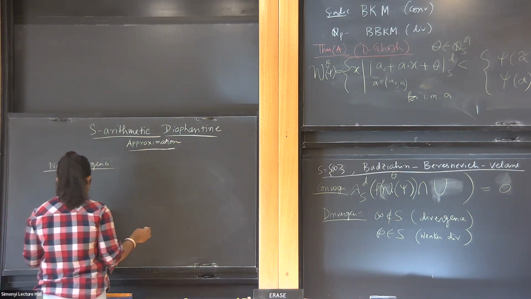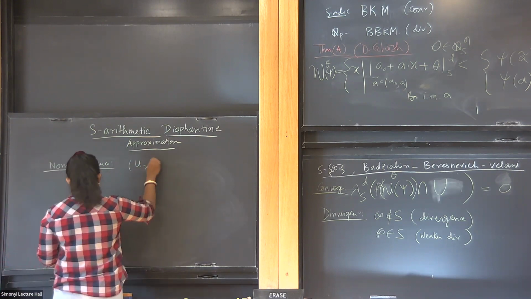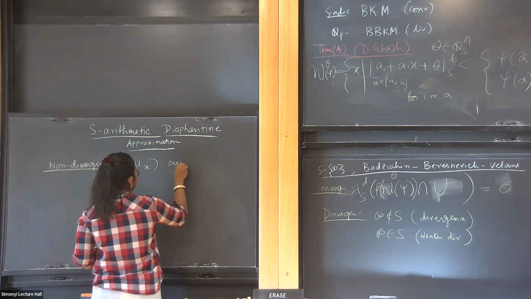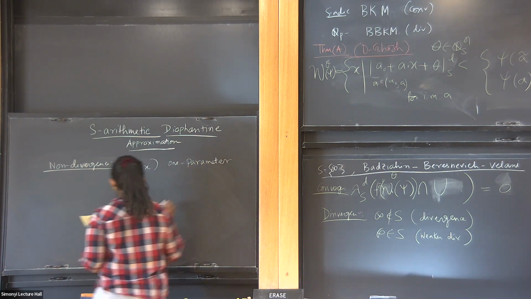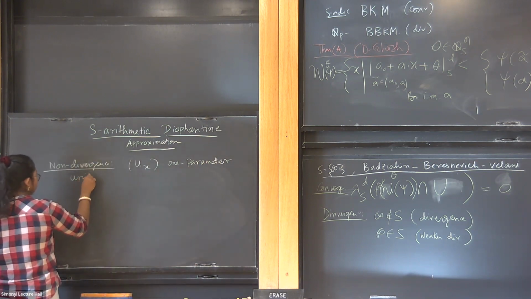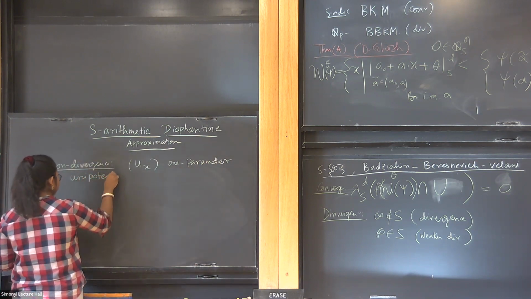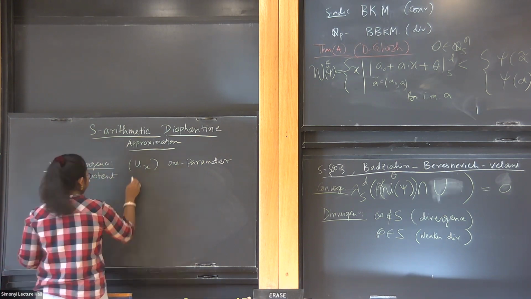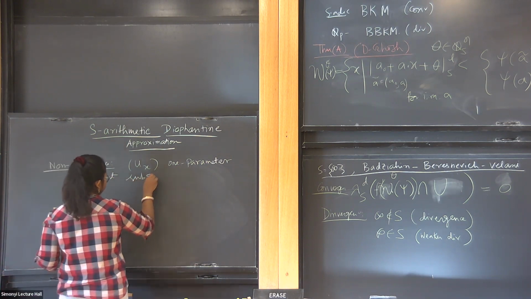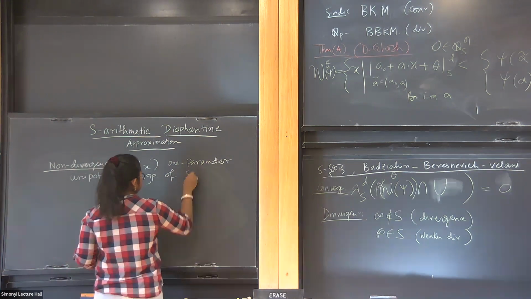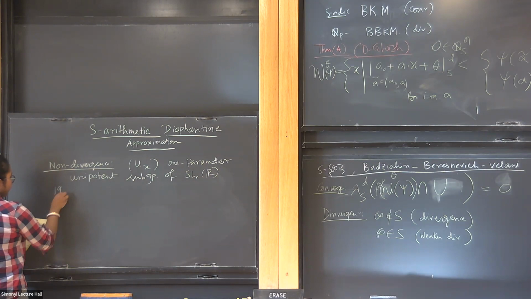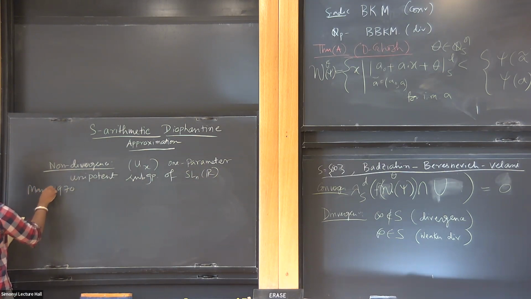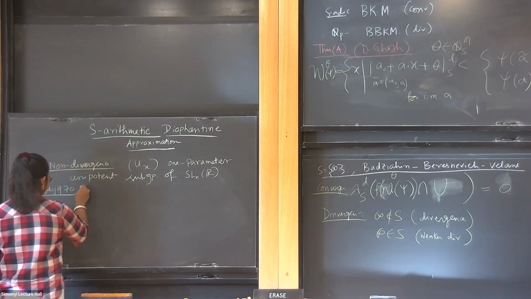So if you take u_x, a one-parameter unipotent subgroup of SL_n(R), it was a theorem by Margulis in the 1970s that this does not diverge.